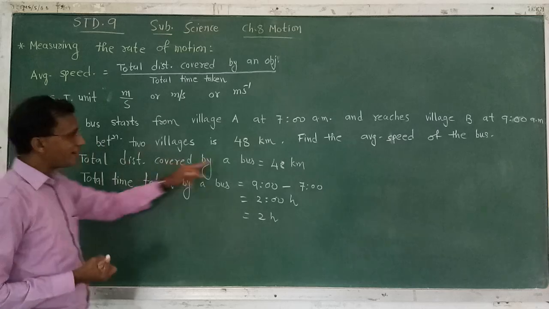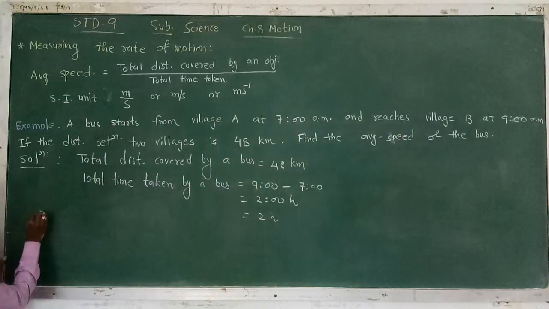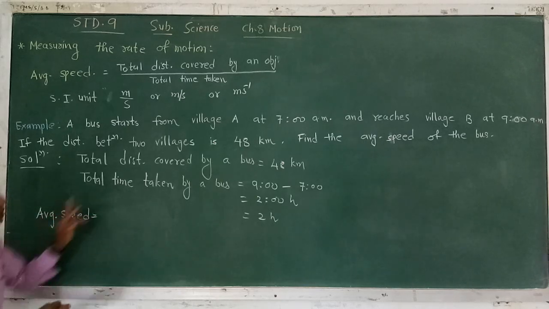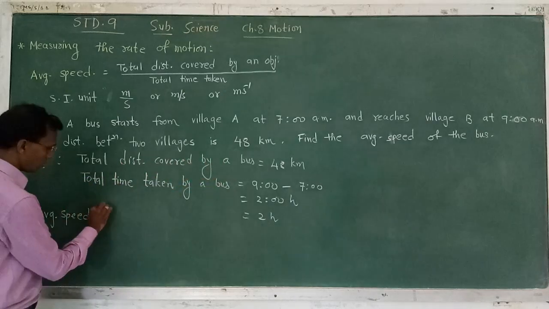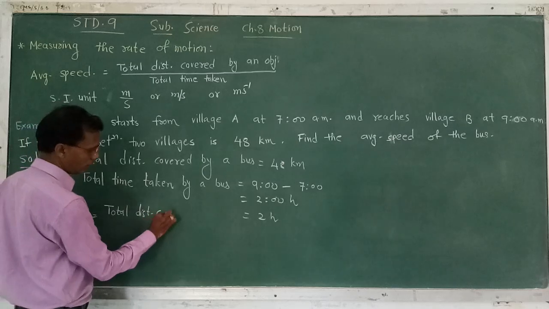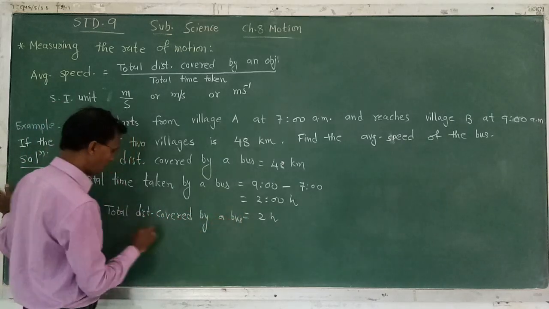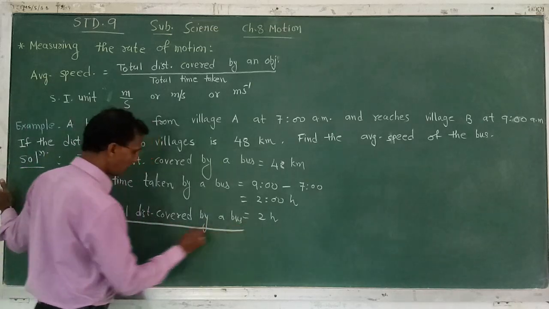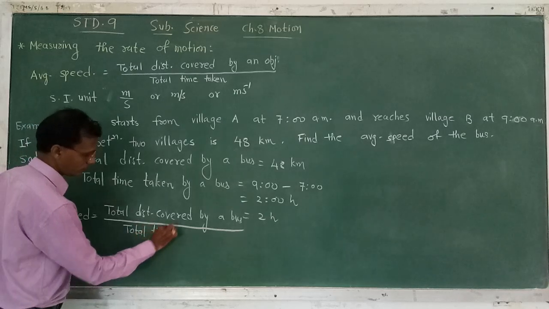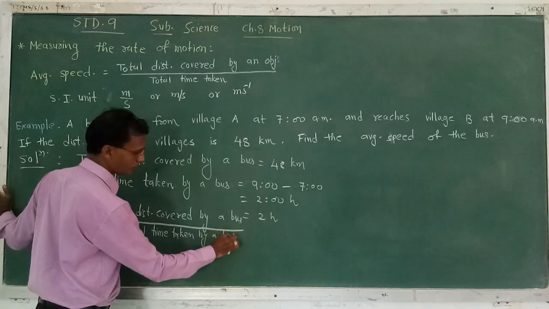Now we have to find the average speed. So average speed is equal to the total distance covered by the bus divided by the total time taken by the bus.